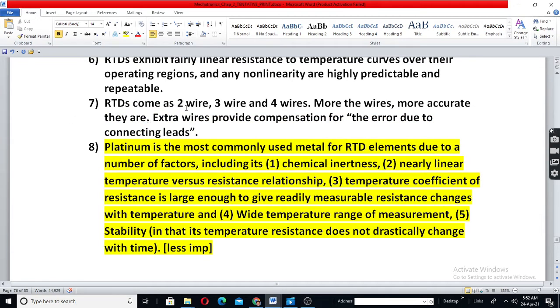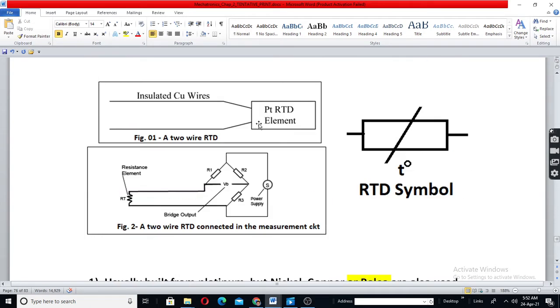RTDs come as 2 wire, 3 wire, and 4 wire. See what happens is, this is the resistance element, which you will keep in the furnace. Furnace will be at some place, and you will be measuring here at your control room.